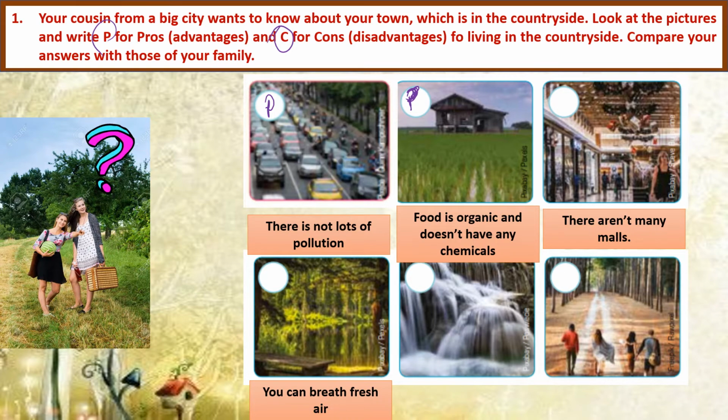So you're going to decide if it will be an advantage or disadvantage. Next one, there are lovely landscapes. As you can see, over there you have waterfalls. Cascadas, right? So there are lovely, beautiful landscapes. That would be an advantage or disadvantage for the countryside.